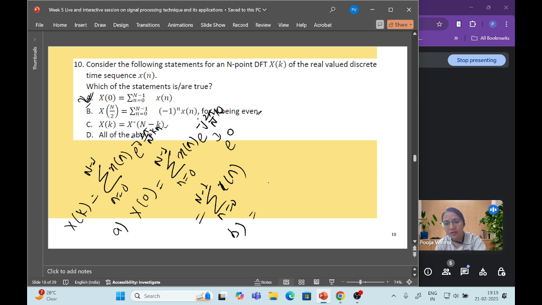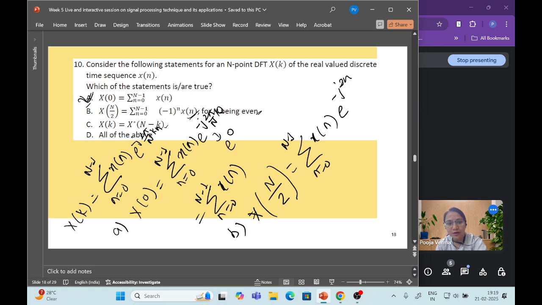Option B, they are saying for N being even. If N is even, whether this equation will be satisfied. Already we know that if we take k is equal to N by 2, because it is even, then the summation n is equal to 0 to N minus 1, x of n e to the power minus j 2 pi by N. Here we have said that N is even, so in place of k we will put N by 2 into n.